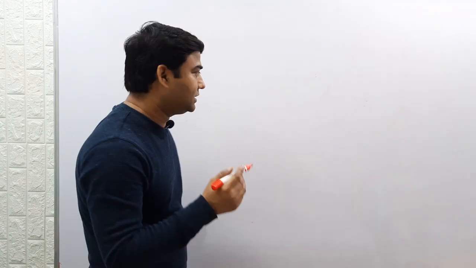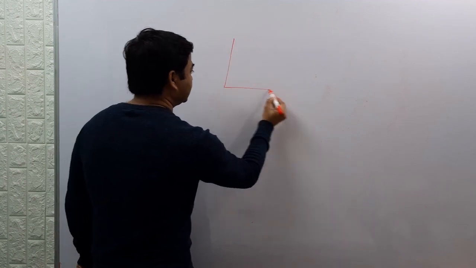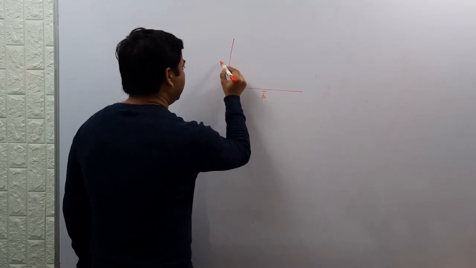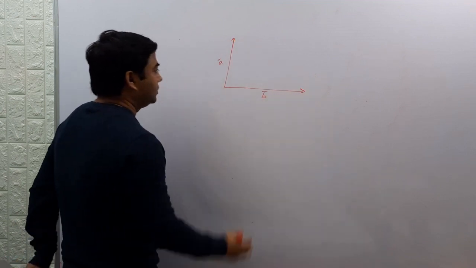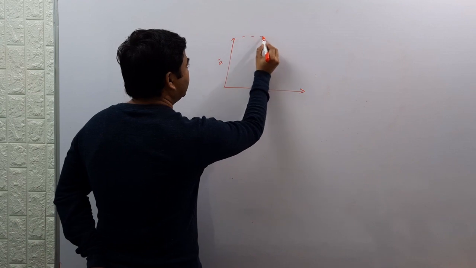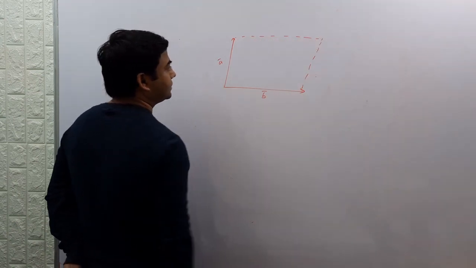Now we will see how the parallelogram and triangle laws are the same. Actually they are the same, you can easily visualize it. Let there be two vectors B, A. In the parallelogram law, we complete a parallelogram based on these given two vectors.